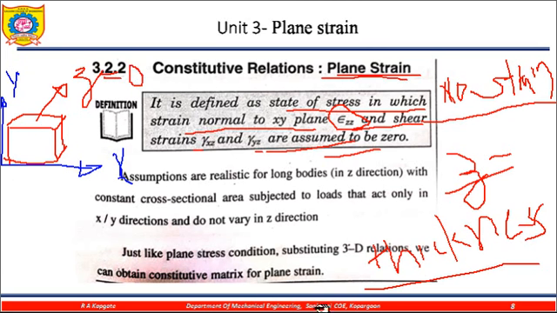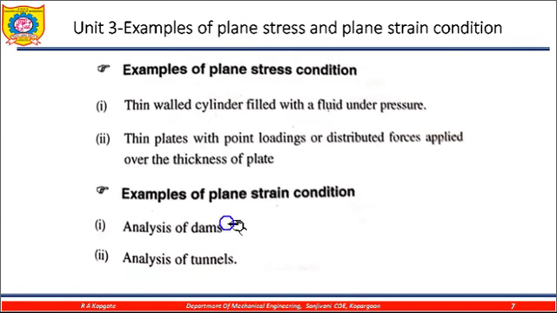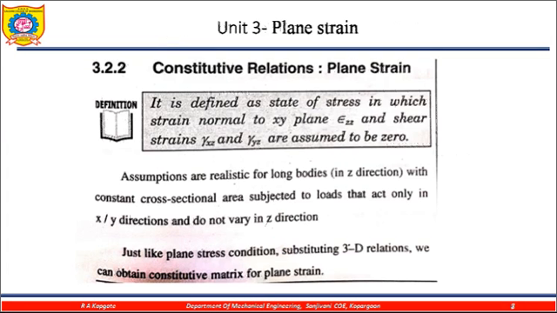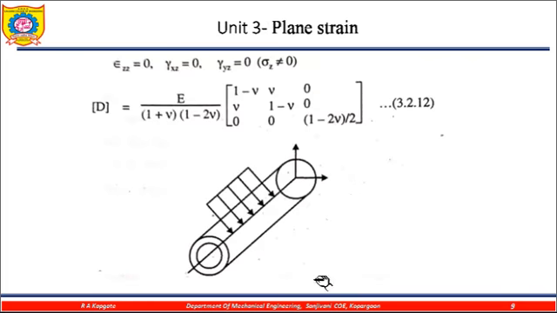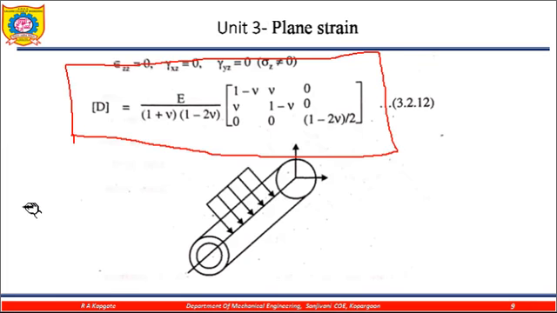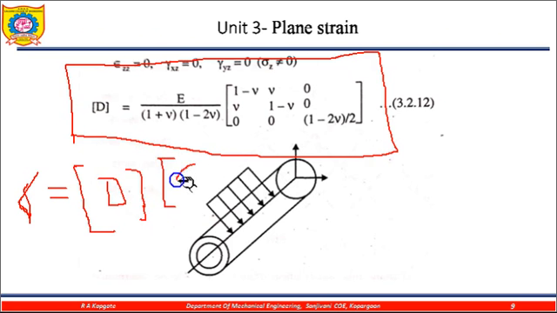The problems for this one are dams and tunnels. So whenever we need to design a dam or tunnels, we need to consider the plane strain condition. And this is your constitutive law for D. I have already explained that stress is equal to the D matrix multiplied by the strain matrix.